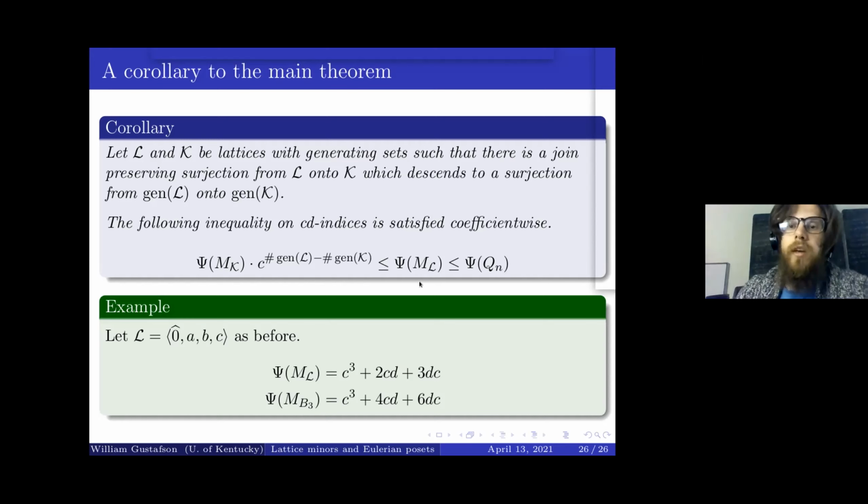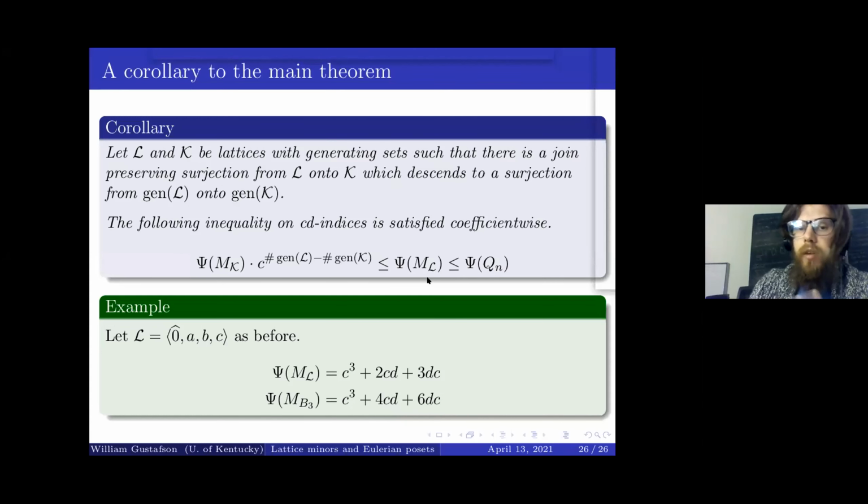So you should think that it's really just the minor poset of K has a term-wise CD index smaller than the minor poset of L. But if K has fewer generators, then they're different dimensions, and these polynomials are homogeneous with degree the rank, when C has degree 1, D degree 2. So the point is, if you have a different number of generators, it doesn't make a whole lot of sense, but there's this factor of C that corrects that.